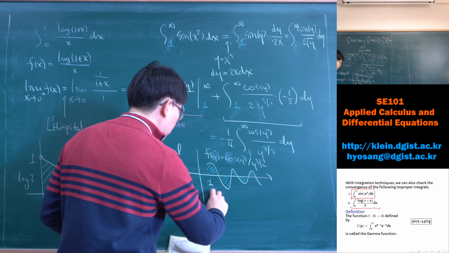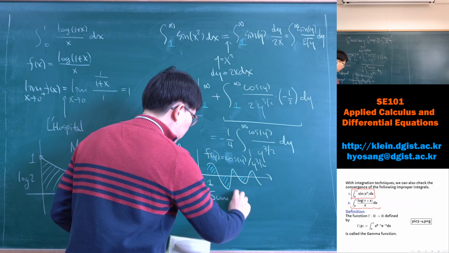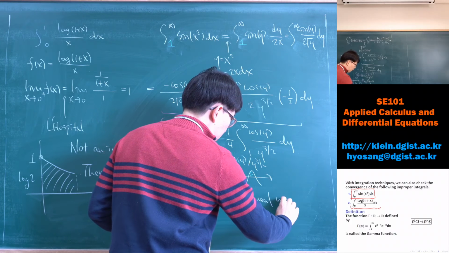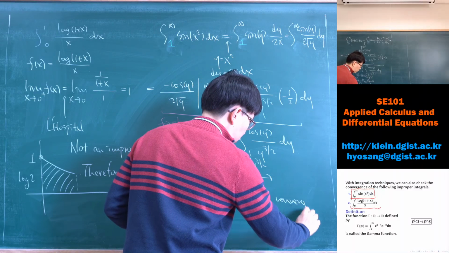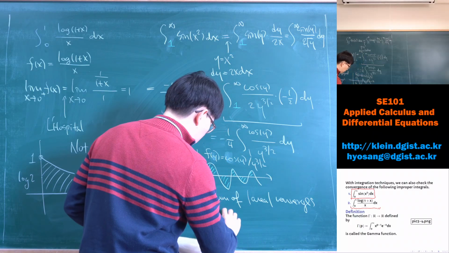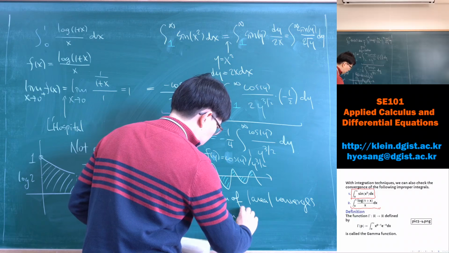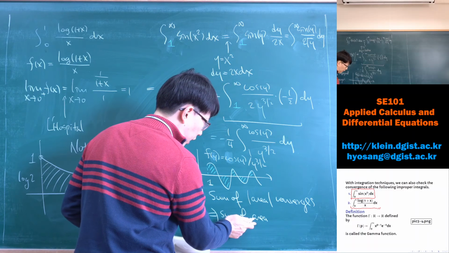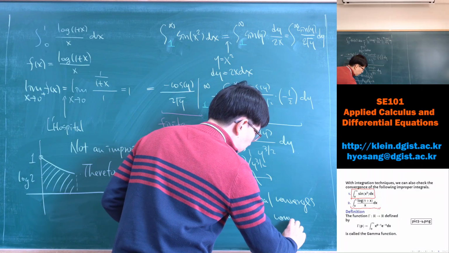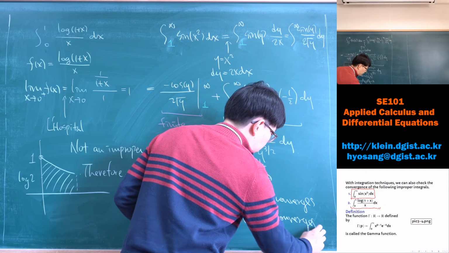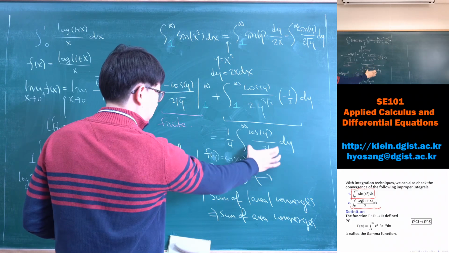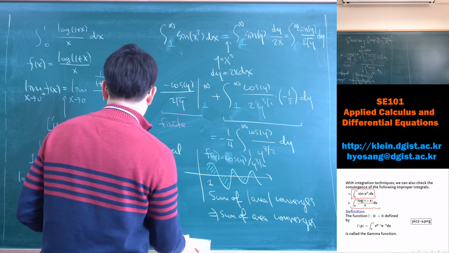So if the sum of absolute value of area converges, then the sum of area, so with some sign, plus or negative, also converges. So we're going to take the absolute value on the integrand.